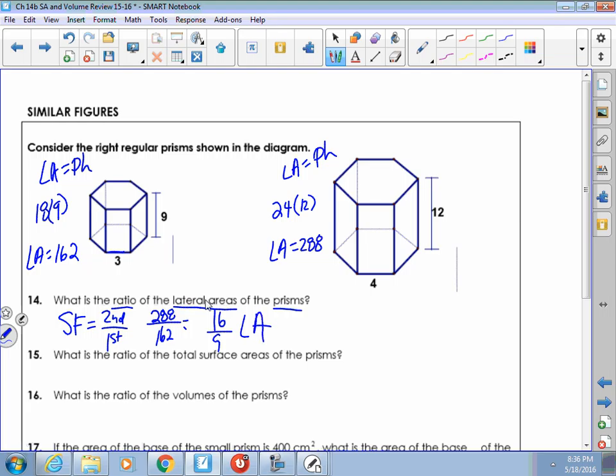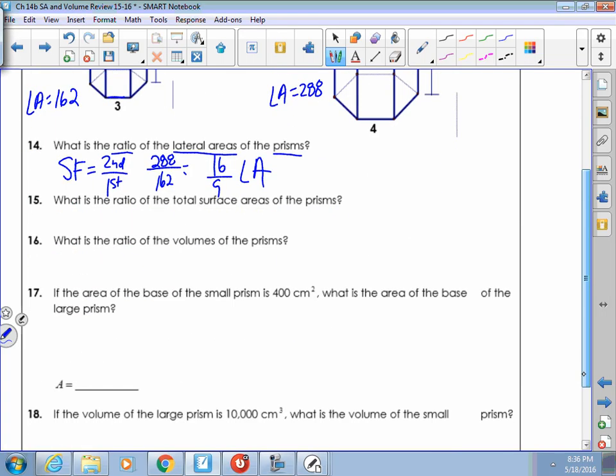It says, what is the ratio for the total surface area? Going back to that scale factor, if I take the scale factor of the lateral areas, which is 16 over 9, and I go to my original scale factor, I have to take the square root, because for area, the scale factor is when you square it.